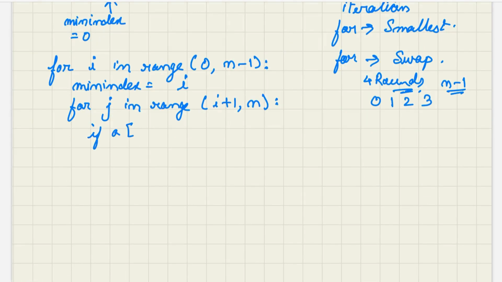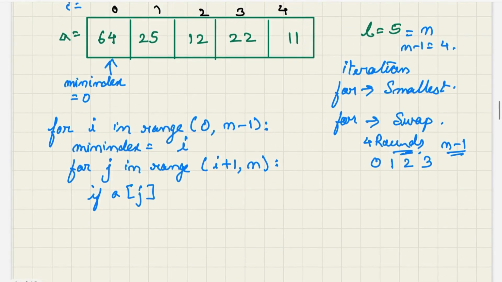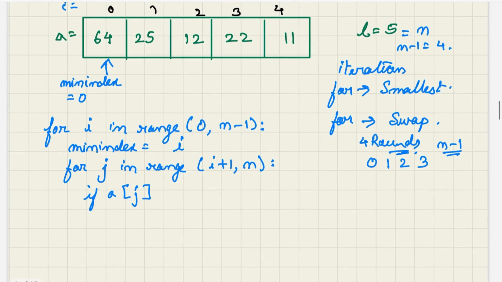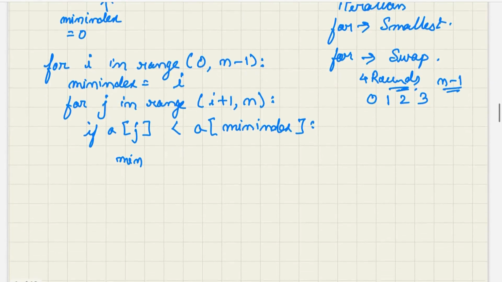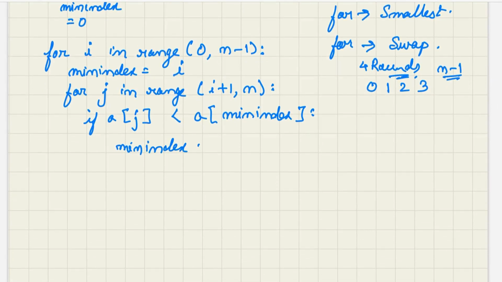If A of j, the element present at A of j, is less than A of minimum index, then we replace the minimum index with the value of j. Once we have that sorted, I will come out of this loop and then go ahead and swap my minimum index and the i value.